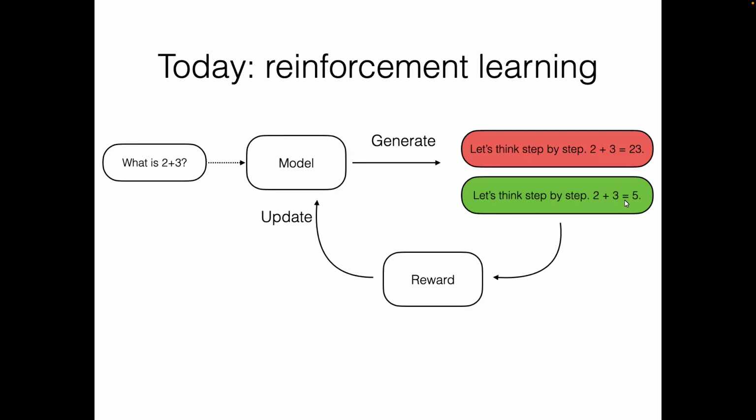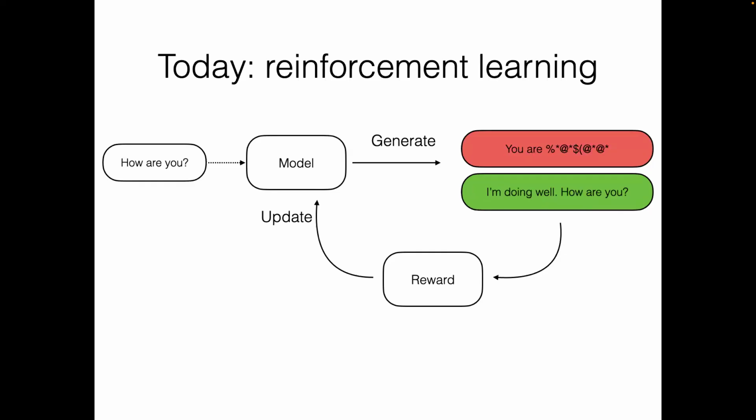Like here we have a correct output, here we have an incorrect one. Based on that reward function, we then do some learning, so we update the model parameters. And the cool thing is that as long as you have a good reward function, then you can try to apply this to a variety of tasks. So it's a pretty general framework.